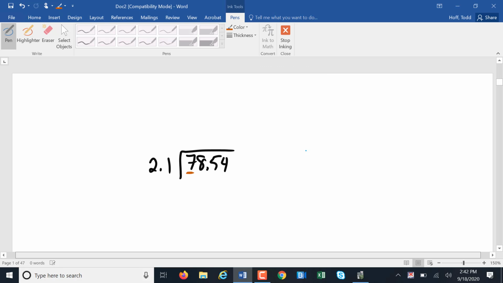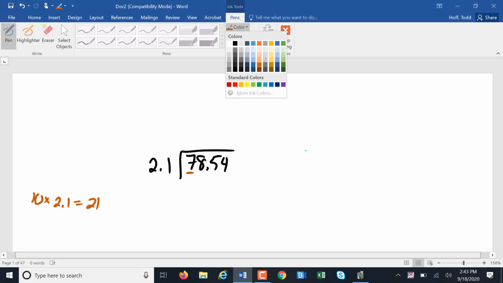Here, that first place value is the tens place. We do 10 times 2.1 is 21. I can subtract that. In fact, I can subtract it 3 times.